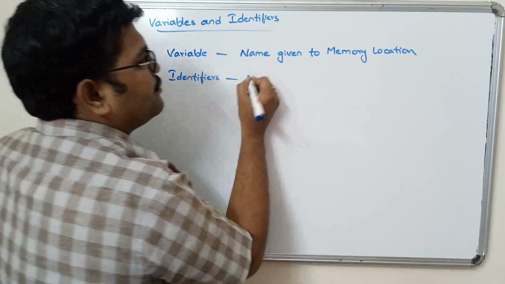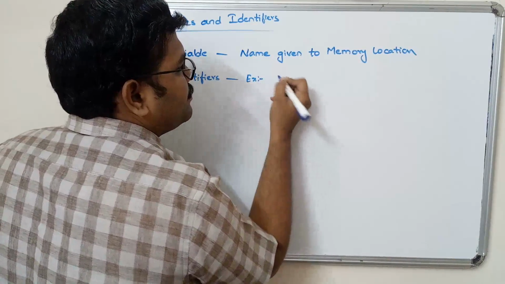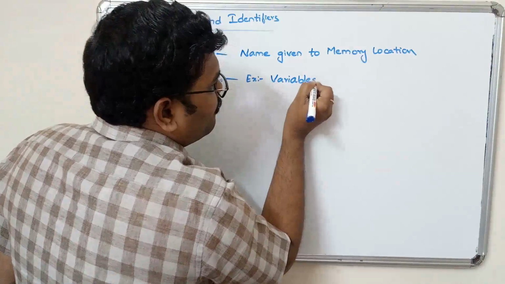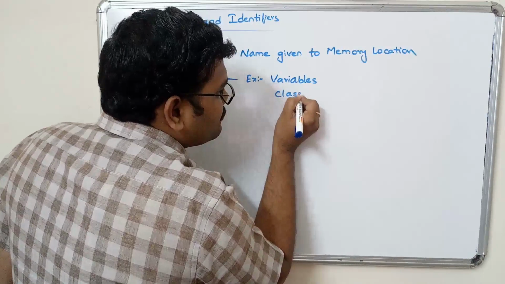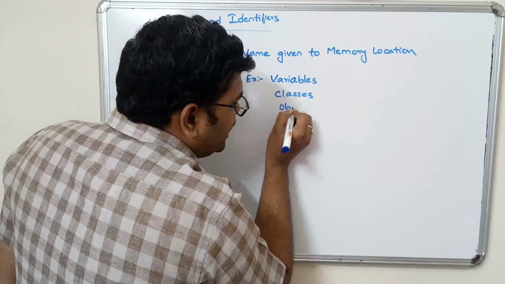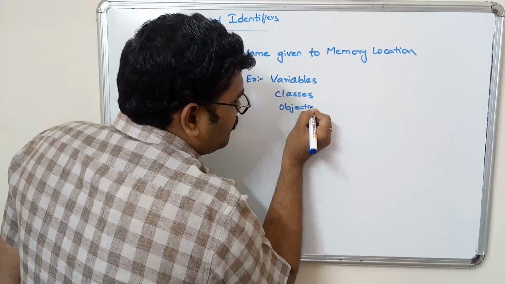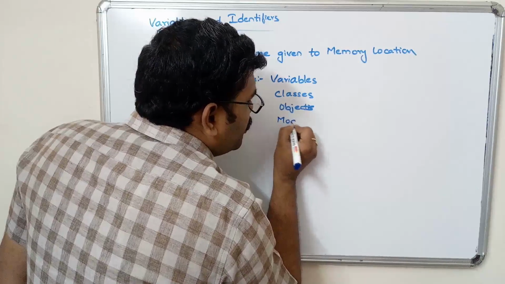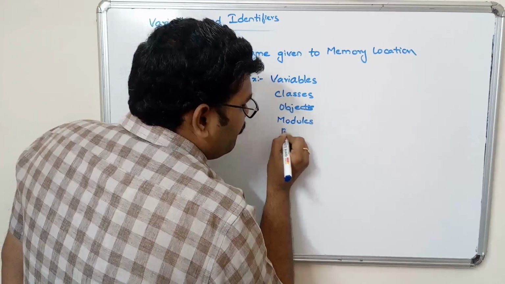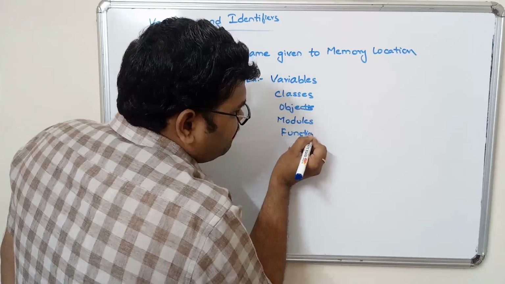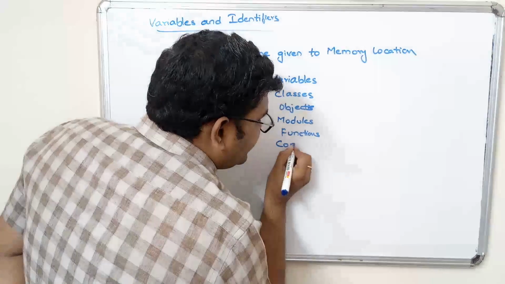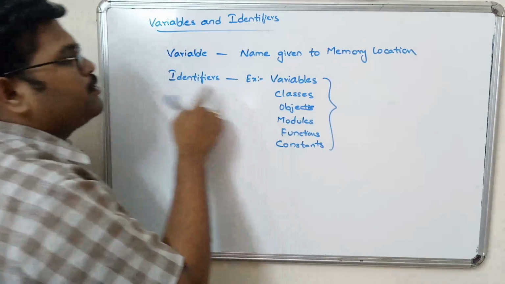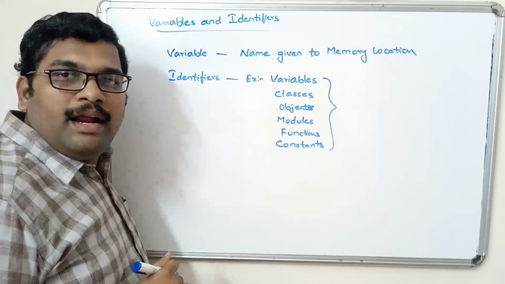Next, identifiers. Examples: variables, classes, objects, modules, functions, and also constants. All these are examples of identifiers.